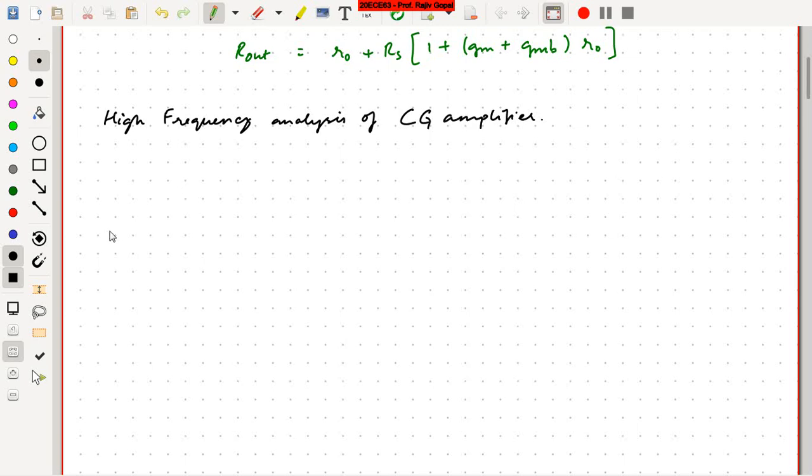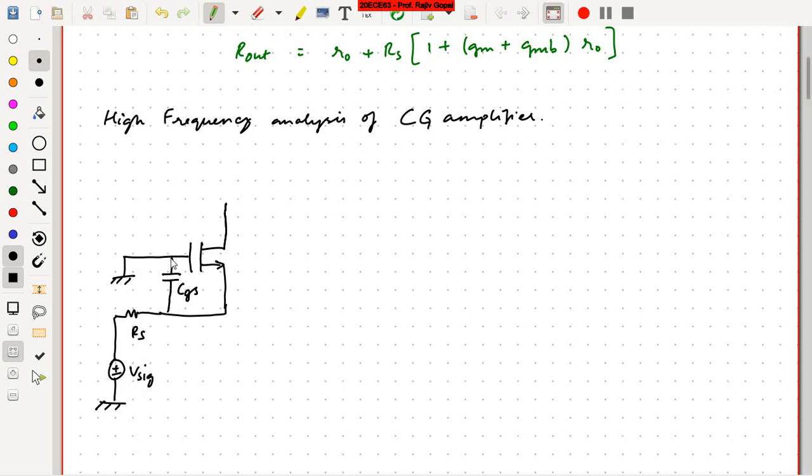Okay, so the diagram goes like this. You have a gate which is connected to ground. Then here you have Rs, and here you have V signal connected to ground. Between the gate and source you have CGS. And if you go towards the drain side, you have CGD.